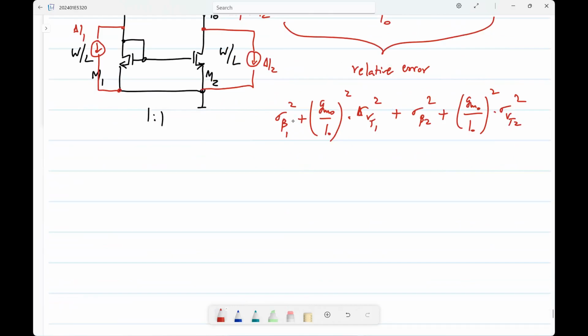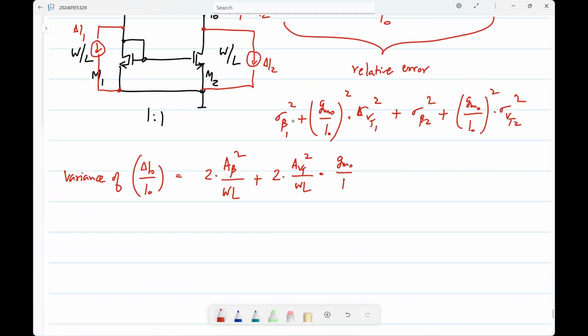So the variance of delta I naught by I naught in this 1:1 current mirror is basically 2 times A beta square by WL plus 2 times AVT square by WL times GM naught by I naught square, and this itself would be, maybe I'll just write the GM naught by I naught.